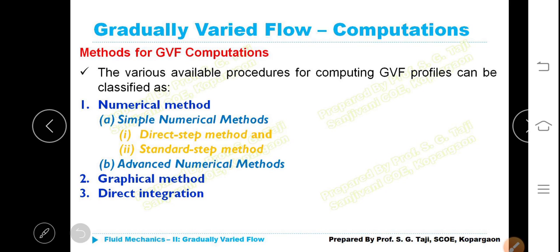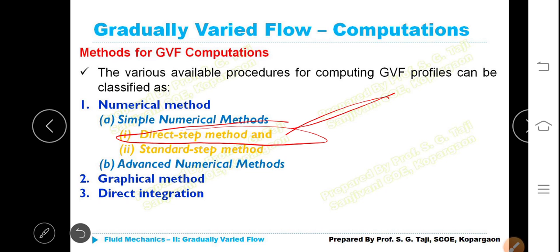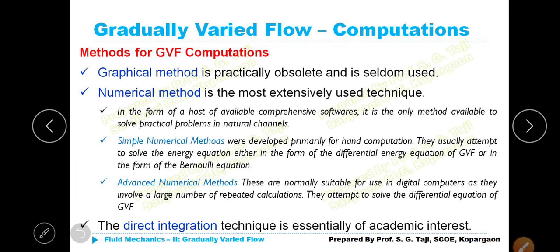Okay. Let us see today the various computations of gradually varied flow. In the last class we have enlisted the various methods such as numerical methods, simple and advanced numerical methods, graphical method, and direct integration. Under numerical method, there are two, direct step method and standard step method, whereas only direct step method has a numerical problem included.